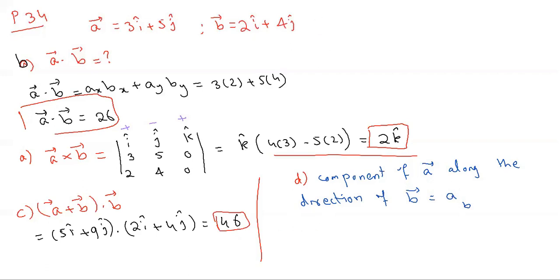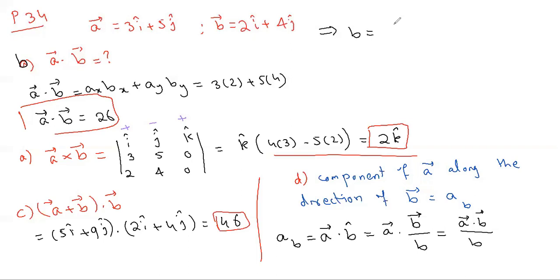So AB will be equals to the dot product of vector A and the unit vector B. So unit vector can be designated as the vector over vector magnitude. So this will be just A dot B over B. And you know how to find the magnitude of the vector B. So for example, B equals bx square plus by square.